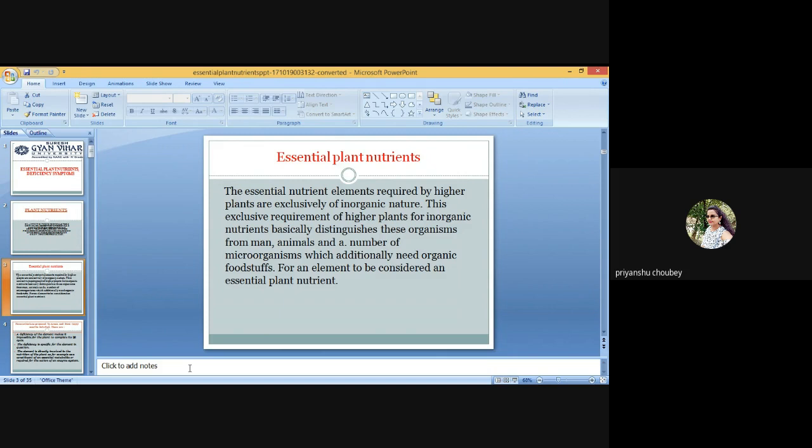Group four, elements of uncertain function. In this group, boron and chlorine are included. Boron and chlorine have some uncertain functions implicated in a wide range of processes, including cell division, membrane transport, and root elongation.